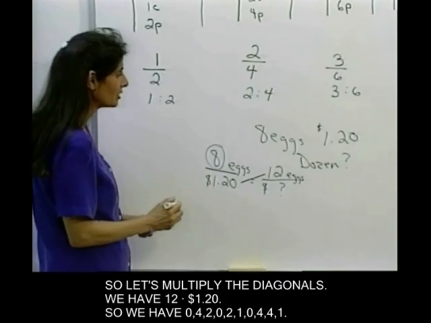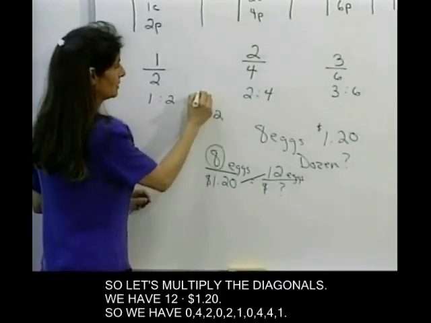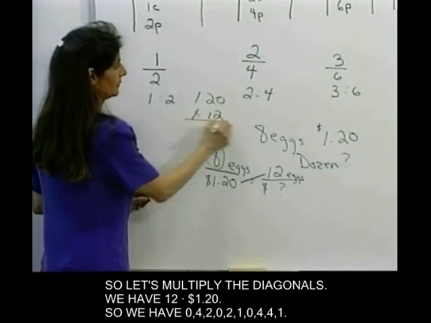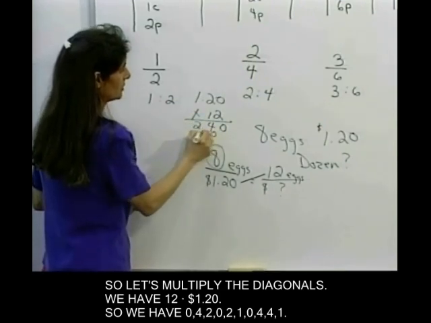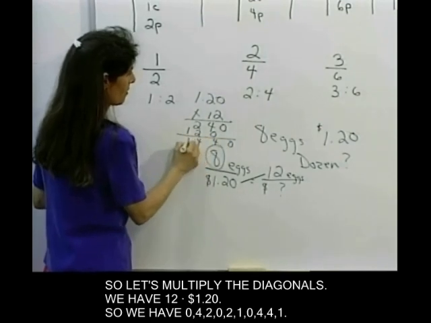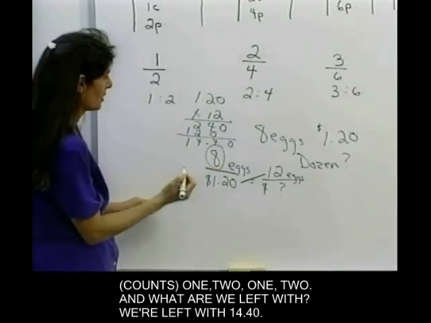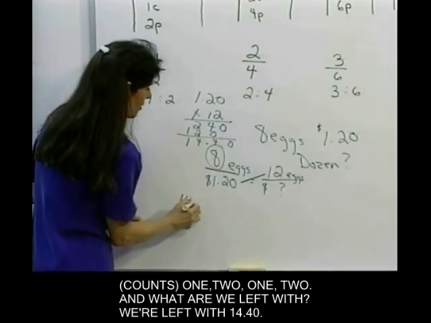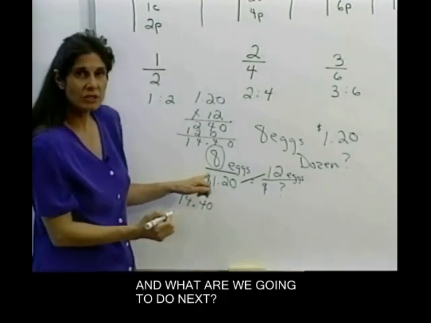So let's multiply the diagonals. We have 12 times $1.20. So we have 0, 4, 2, 0, 2, 1, 0, 4, 4, 1, 1, 2, 1, 2. And what are we left with? We're left with 14.40. And what are we going to do next?